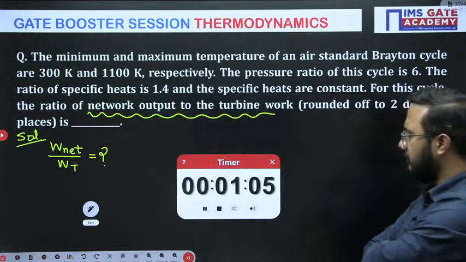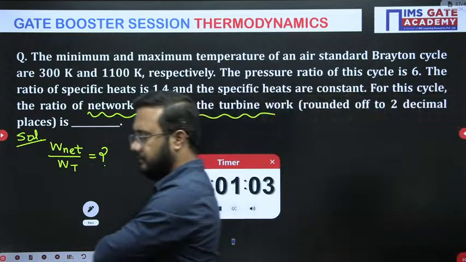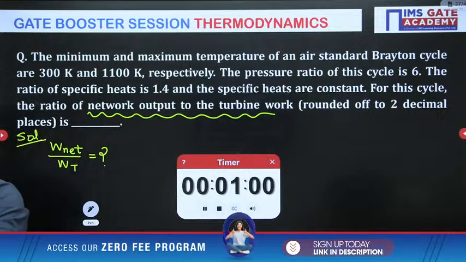Around 3 it is coming. Let me check your answer. No, it is not around 3.